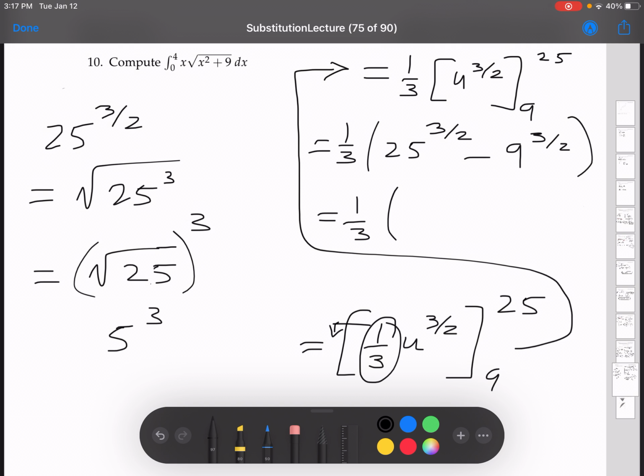We have 5 cubed. And then you see what's going to happen there. The square root of 9 is 3, so that's 3 cubed. And then we can figure it out from there. I think that's 125 and 27. So what is that, 98 or something? 98 over 3? Probably something like that. All right, but I think we're good to there.